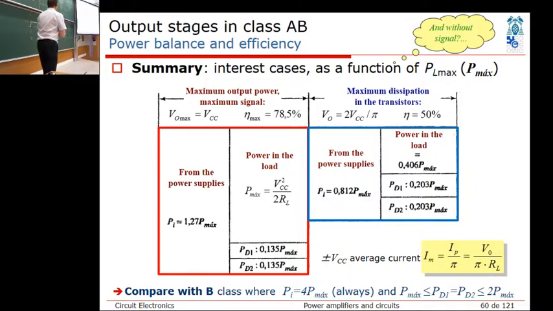More is better. So basically, for audio amplifier design, you are not just taking this sinusoid signal as your worst case scenario signal. You are taking this one as your worst case signal.